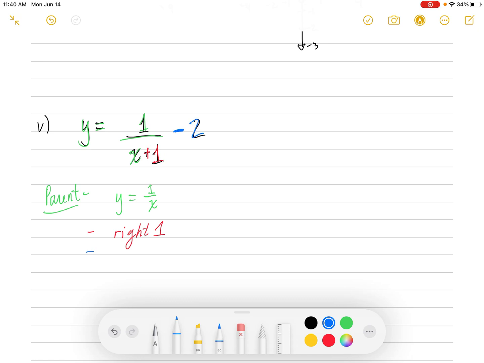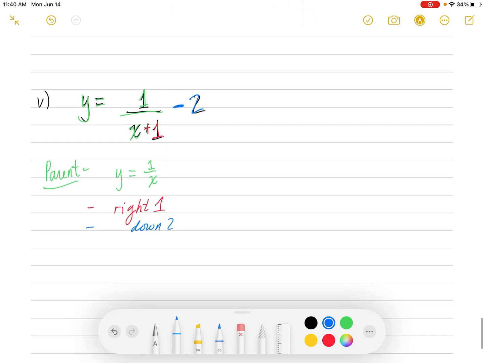That's going to shift everything right 1. And then this -2 outside of the house, that's going to shift everything down 2. So basically, I'm starting off with this reciprocal function and then moving right 1 and down 2. So I'll do this in stages, I guess.